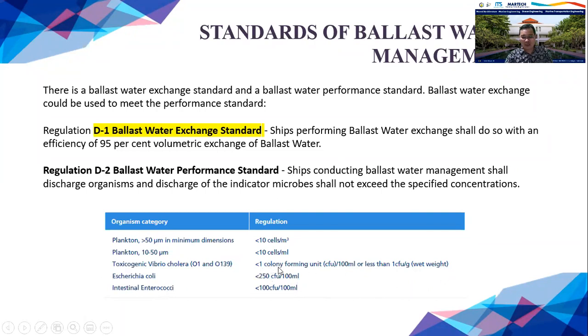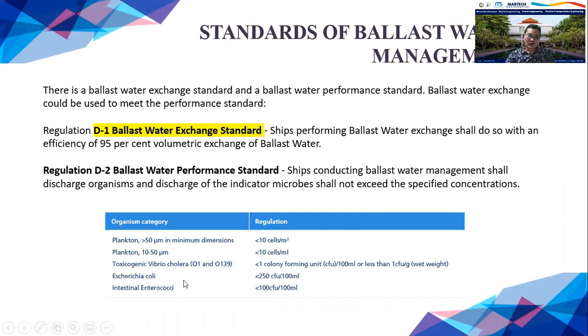Less than one colony forming unit, or CFU, every 100 milliliters or less than one CFU per gram. Escherichia coli less than 250 colony forming units every 100 milliliters. Then intestinal enterococci less than 100 colony forming units every 100 milliliters.